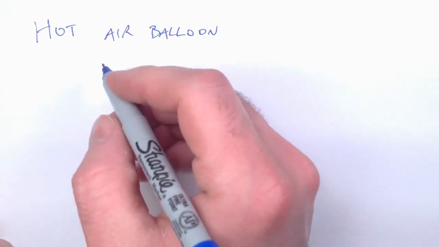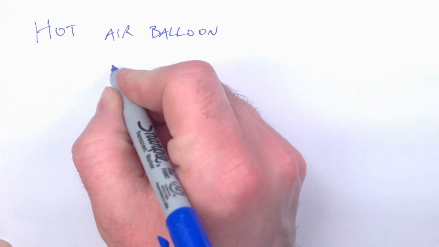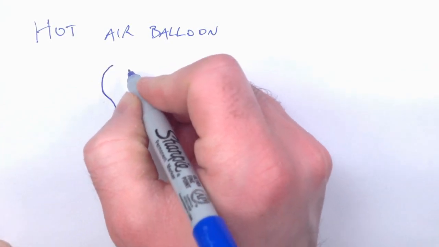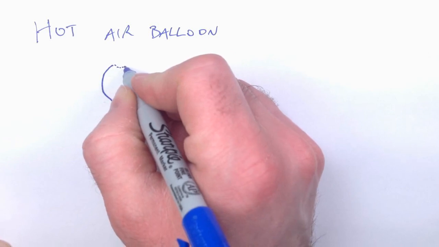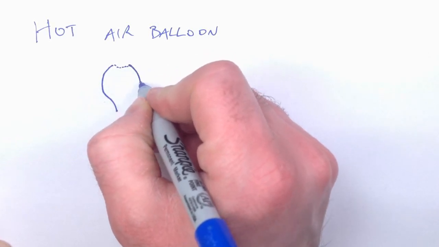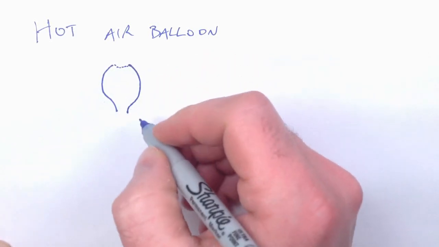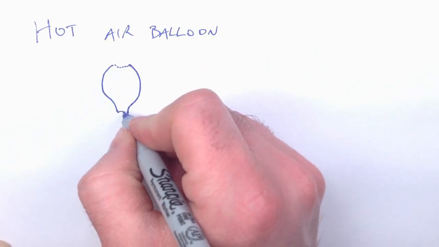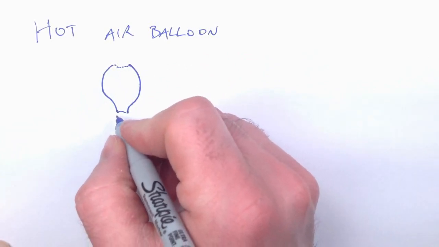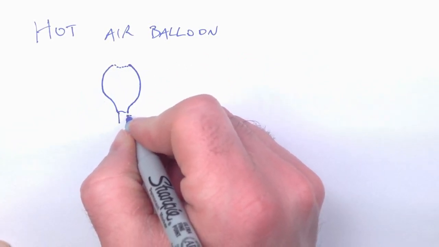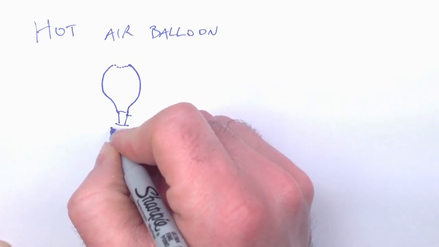So just think about what a hot air balloon is. There is a large kind of cloth balloon. It's got an opening in the top and, of course, an opening in the bottom. And suspended from the bottom by some ropes is a basket.